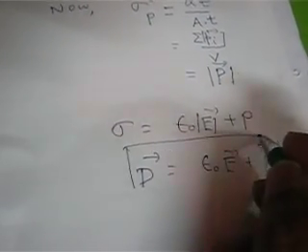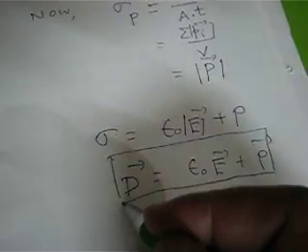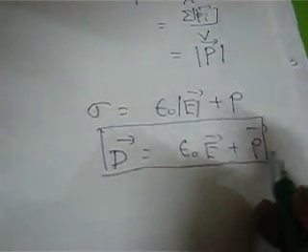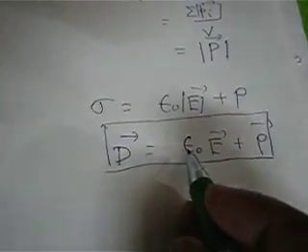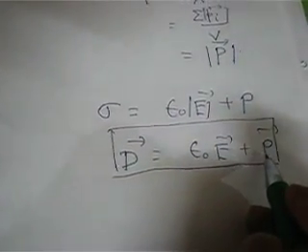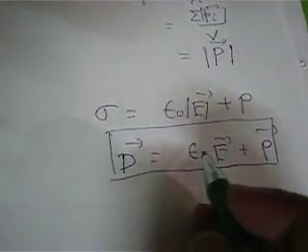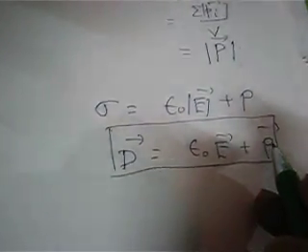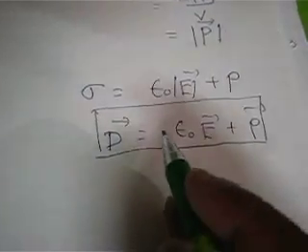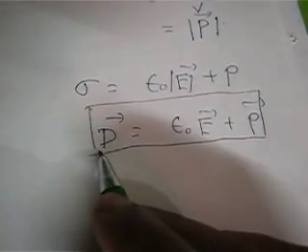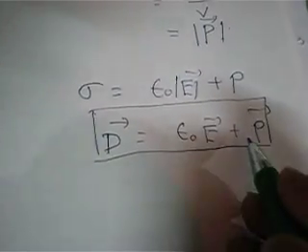This is the required relation between D vector, E vector and P vector. In absence of polarization vector, D equals only epsilon naught E. If P is 0, D equals epsilon naught E. If polarization is present, D equals epsilon naught E plus P. So this is the required relation between D, E and P vector.